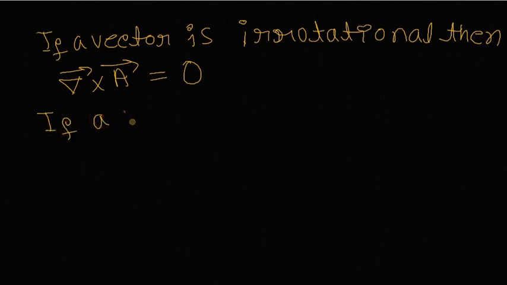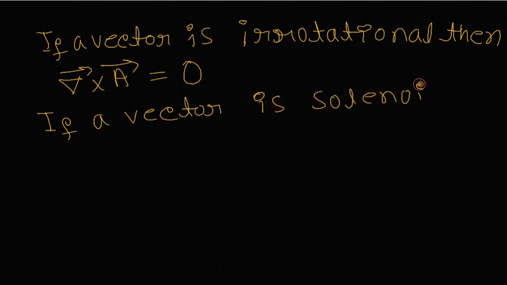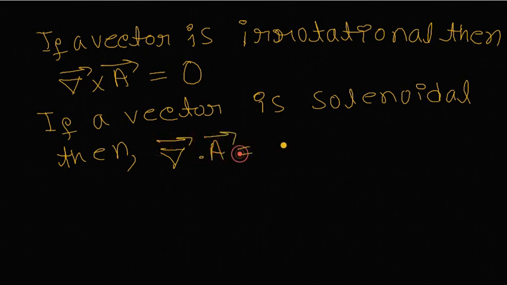Again, if a vector is solenoidal, then the divergence of the vector is 0.